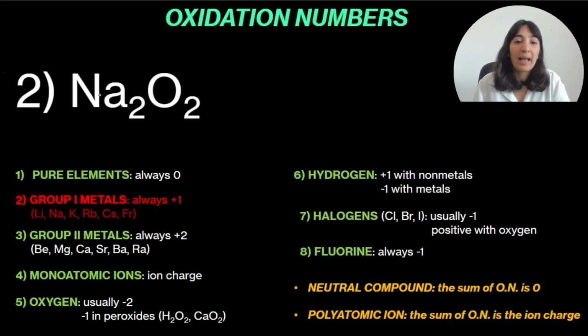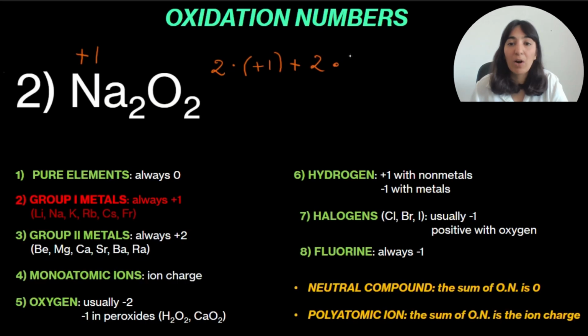Na2O2. Again, Na, sodium, is a group 1 metal, so its oxidation number is +1. And now we have to find the oxidation number of oxygen. We write our equation, 2, which is the number of sodium atoms we have, times the oxidation number of sodium, +1, plus, we have 2 oxygen, so we write 2 times the oxidation number of oxygen that we have to find, x, equals 0.